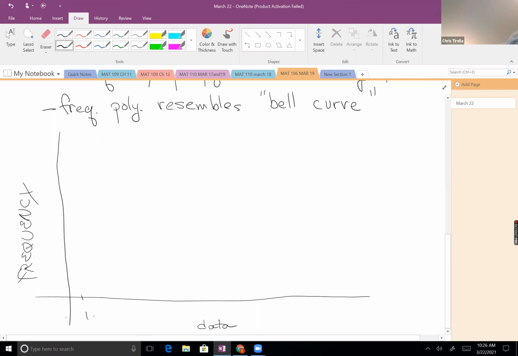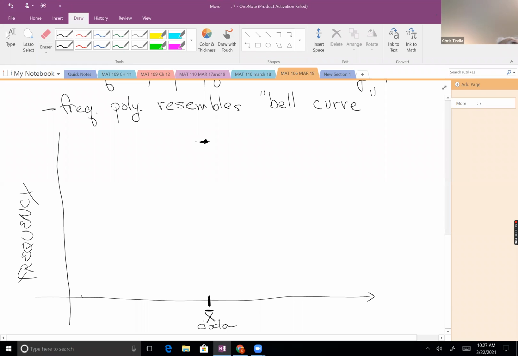Oh, very slightly better. As I look at that, we said that the mean should be the median. So at about the middle of that, I'm going to label it with X bar for my mean. And because it's the mode, that's going to have the highest frequency. That'll be the highest spot.